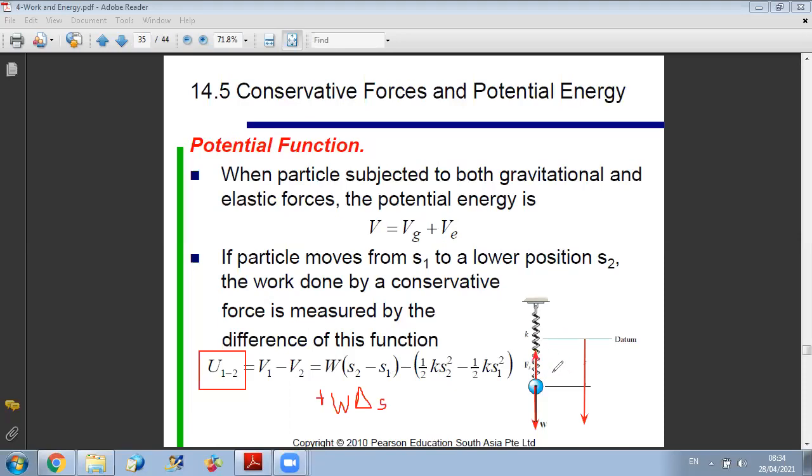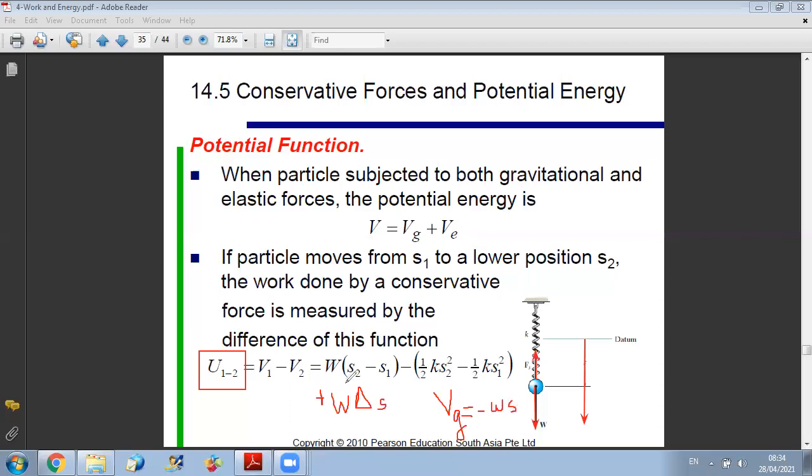And concerning the work of the spring on the ball, it is plus half k S1 square minus half k S2 square. Okay? Now, if we try to compare with the potential energy we have defined, for an S coordinate downward, V gravitational is given by minus W times S.